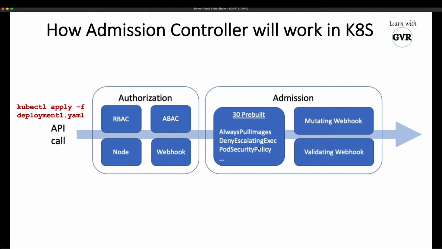If not, it checks mutating and validating. If you define a webhook, it checks on this YAML file whether any modifications are required or whether any validations are to be thrown. So these are the two admission controllers.